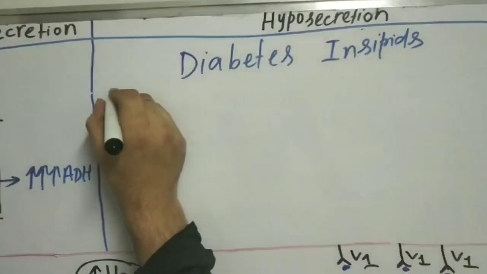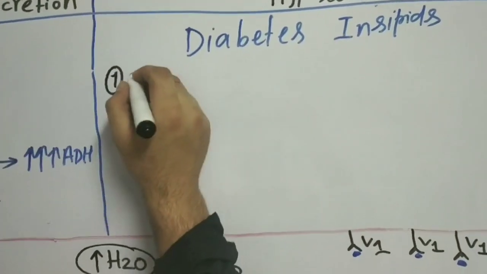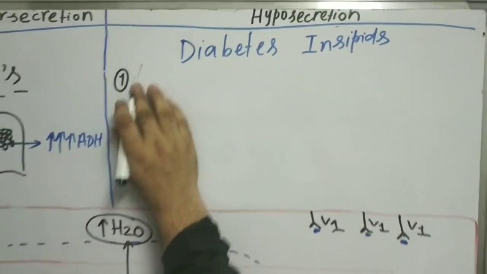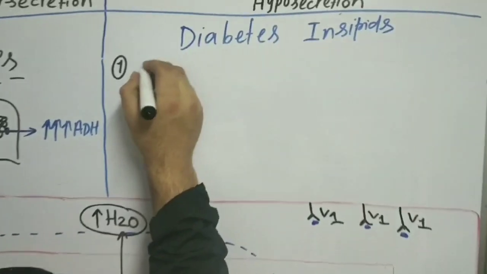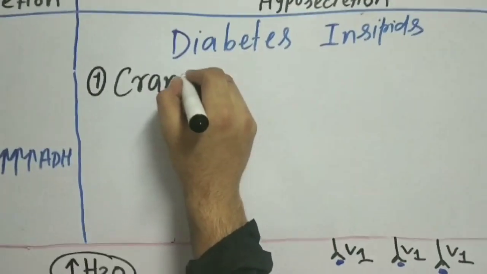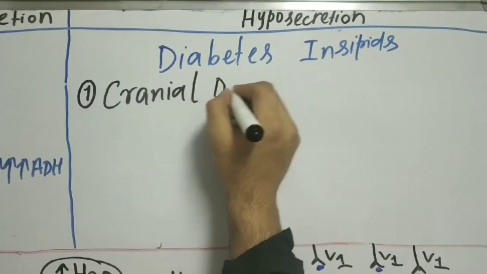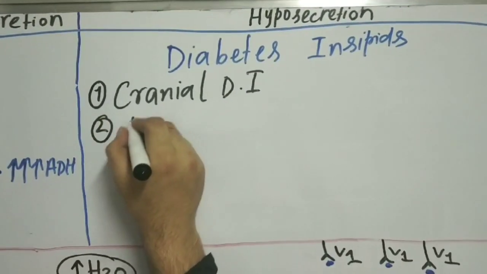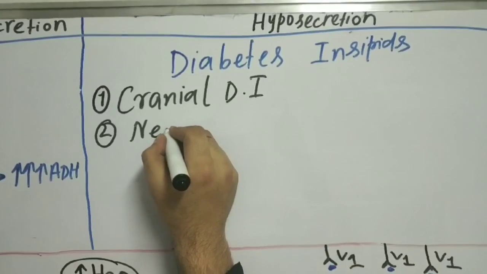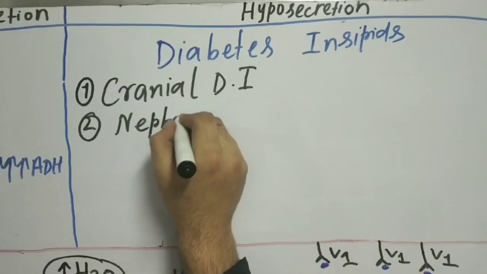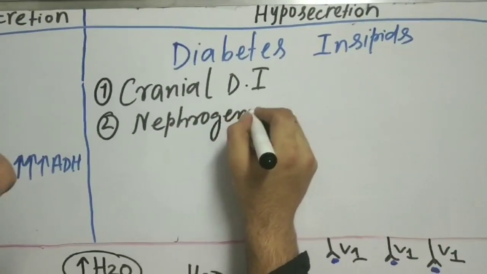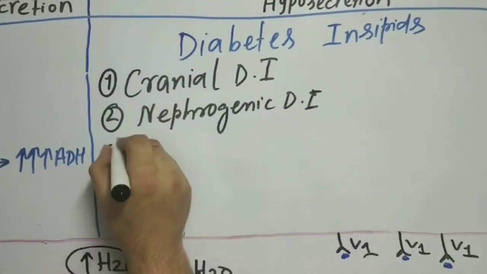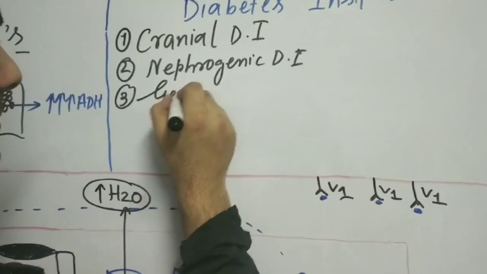The first one is the central or cranial diabetes insipidus. The second one is the nephrogenic diabetes insipidus. The third one is gestational diabetes insipidus.